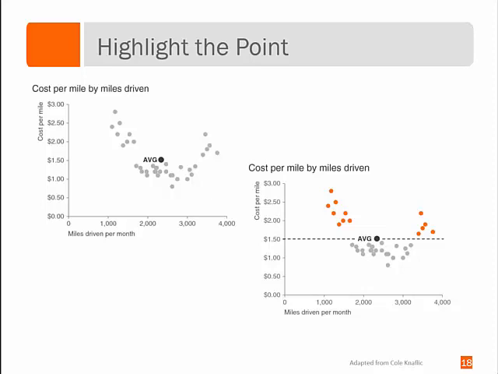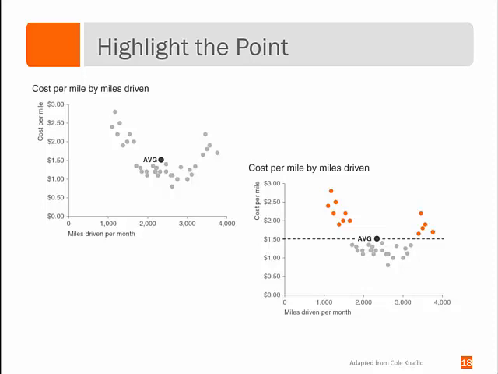So we have higher cost per mile when we have a lower amount of miles driven per month. We see that with the orange dots there to the left. And then we also have a higher cost per mile over on the right-hand side when we have a higher number of miles driven per month.